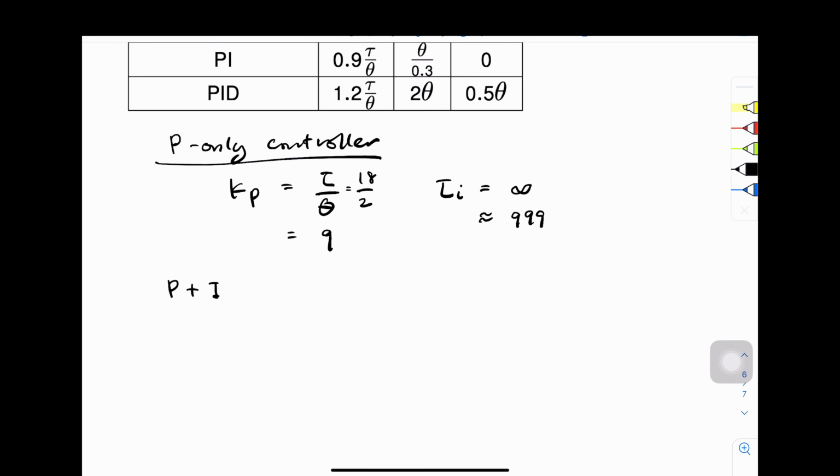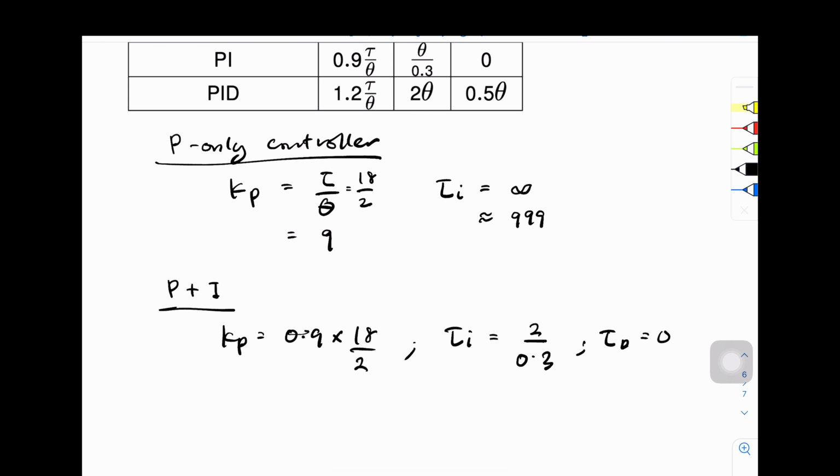So Kp is equal to 0.9 times 18 over 2, Tau I is equal to 2 over 0.3, and tau D is equal to 0.